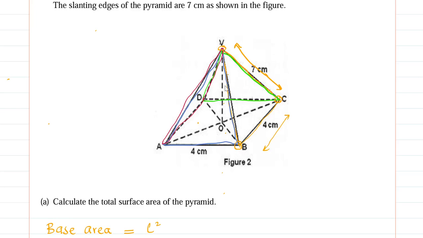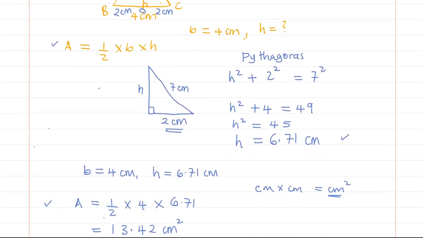So now that we know one of the areas, but there are 4, what would be the total area for the slanting surfaces?